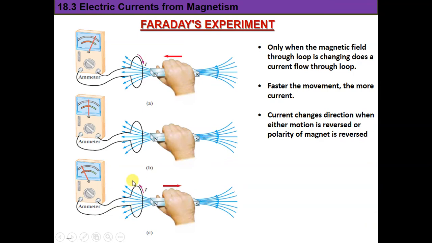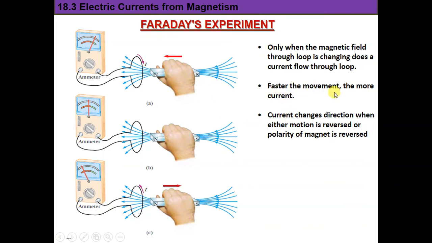So conclusion, whenever the magnetic field changes in or around a loop of wire, the charges in this wire will begin to move. Why? Because when this magnetic field changes, there is a force exerted on these charges inside the wire, causing them to move, so as to give current, because current is the flow of electric charges.